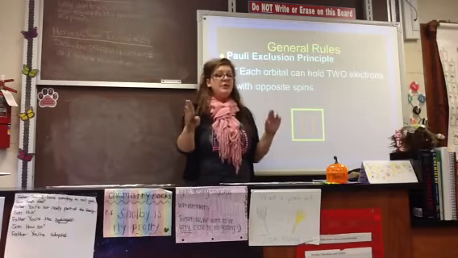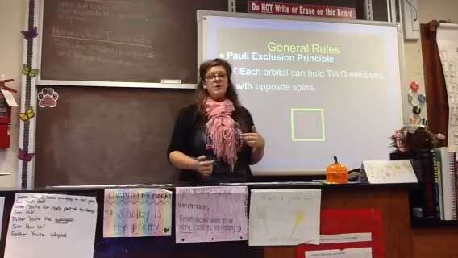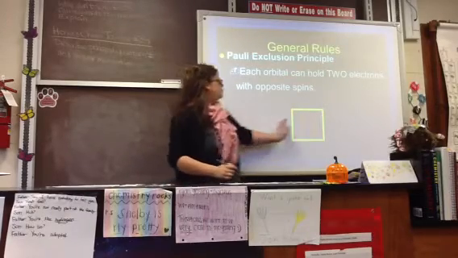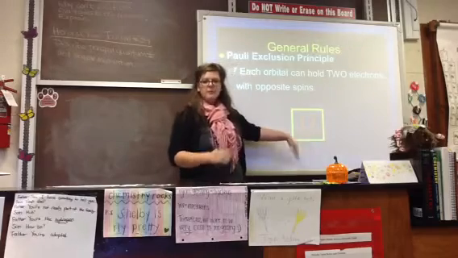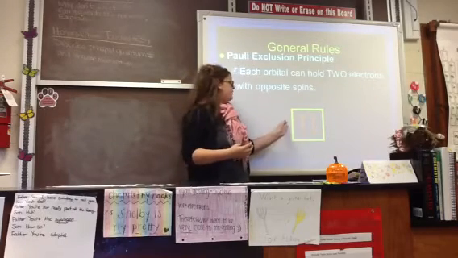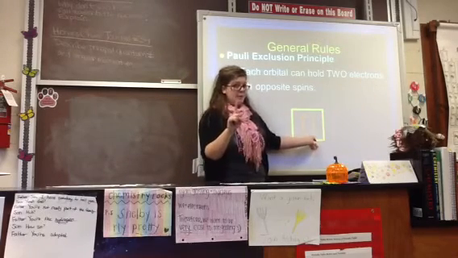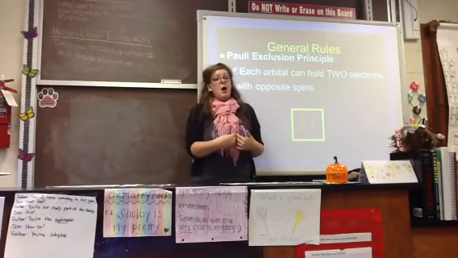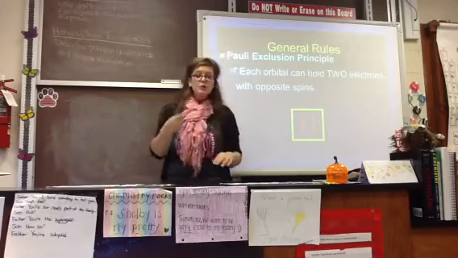You should be hopefully saying the s orbital. The s orbital only has one shape. It's just spherical. So that means I'm going to draw one box to represent the s orbital. Because it only has one shape, I know that it can hold a maximum of 2 electrons because there are 2 columns.